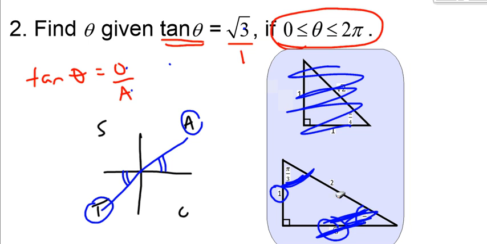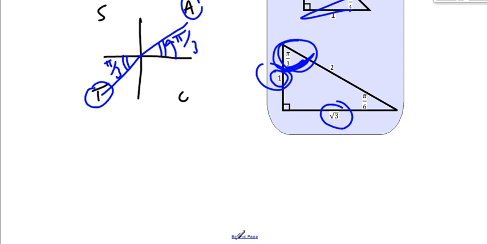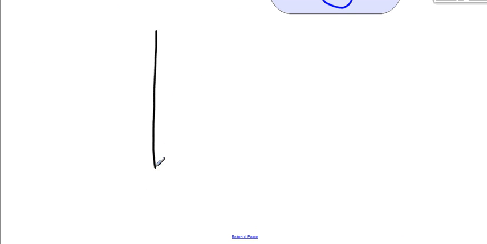So let's just double check that. Pi/3, if I wanted to find the opposite over the adjacent, I would do √3/1, so pi/3 is my related acute angle. So that's one terminal arm and that's another. Let me give myself some more room to draw that a little more nicely now that we know.